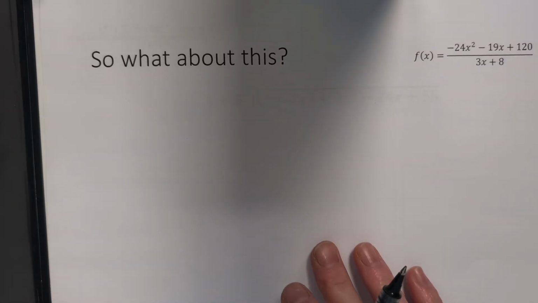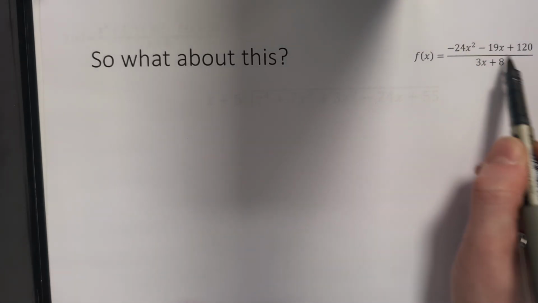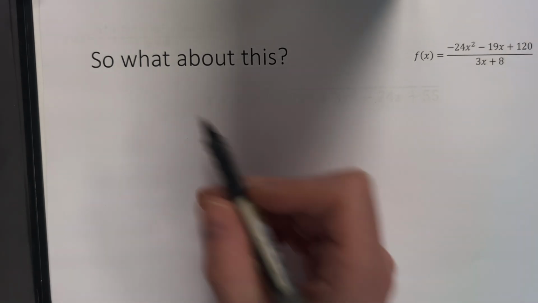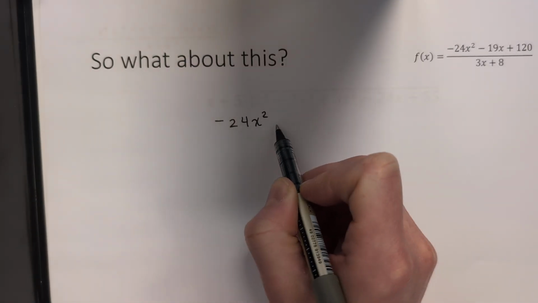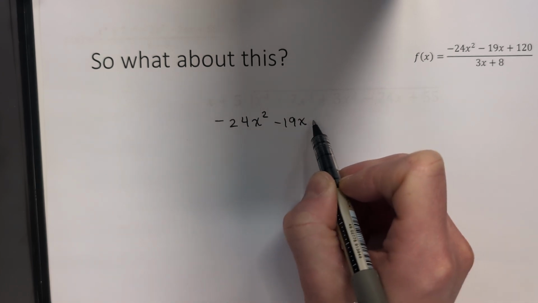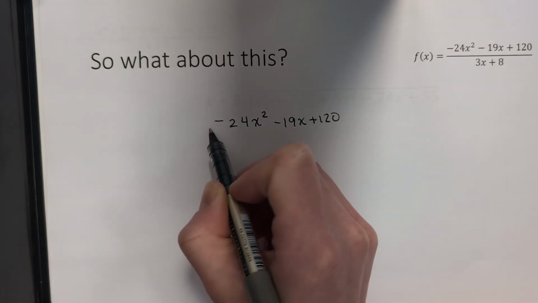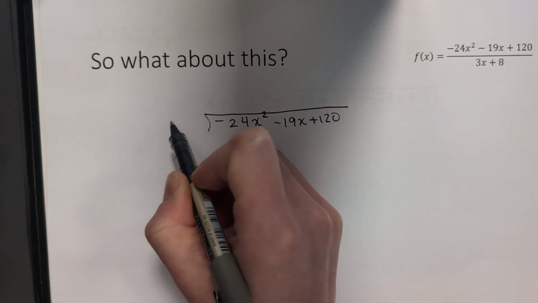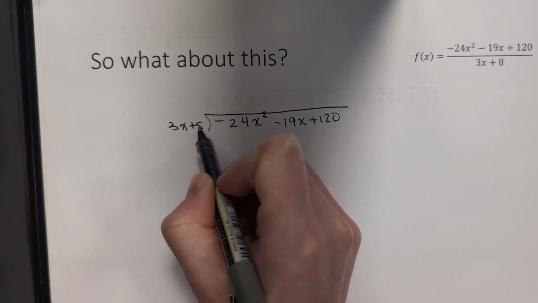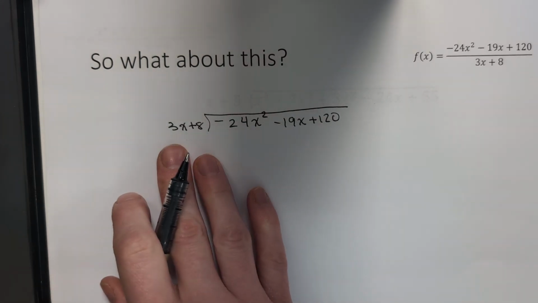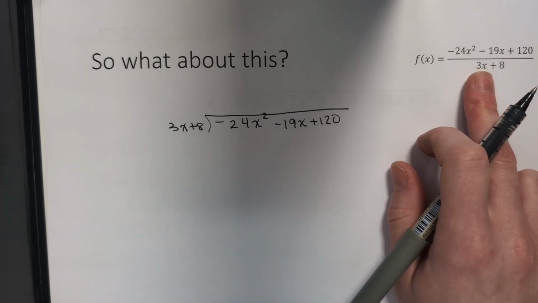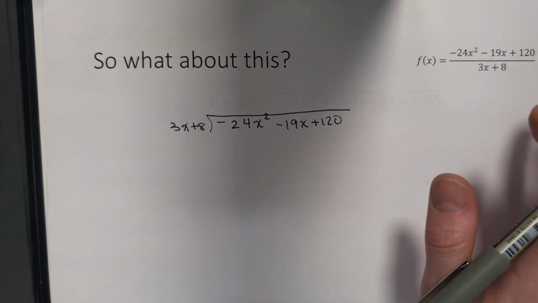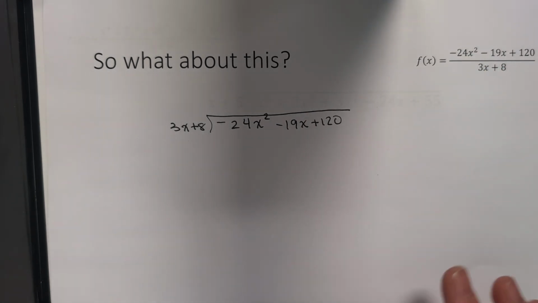So let's take a look at this rational function where we have a quadratic divided by a linear. And I'm going to write it in that same style, so negative 24x squared minus 19x plus 120 divided by 3x plus 8. And if this is divisible by 3x plus 8, you could have also just factored it, but these numbers are really big and messy.